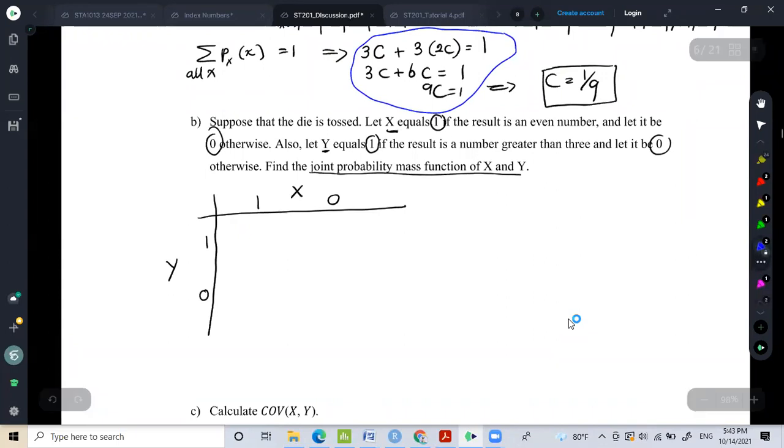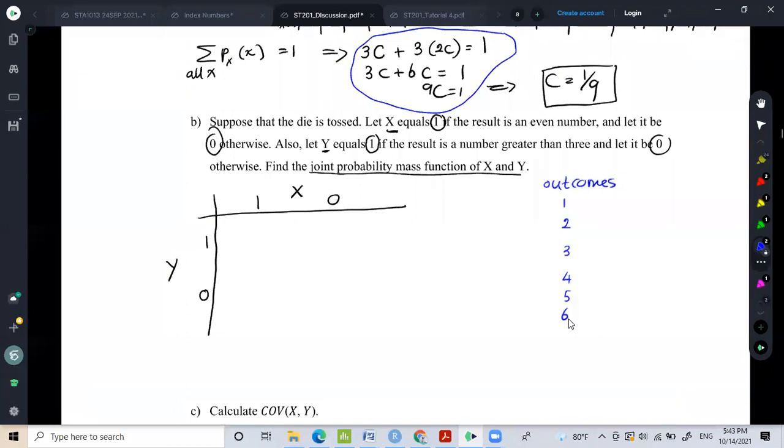Anyway, when you throw a die, there are no 2 dice, okay, just 1 die. Suppose the die is tossed. You just toss this 1 die, but there are 2 random variables associated with this single outcome. So what are your outcomes? Let's write down the outcomes. This is a 6-sided dice, so your outcomes will be simply 1, 2, 3, 4, 5, and 6. That's all.